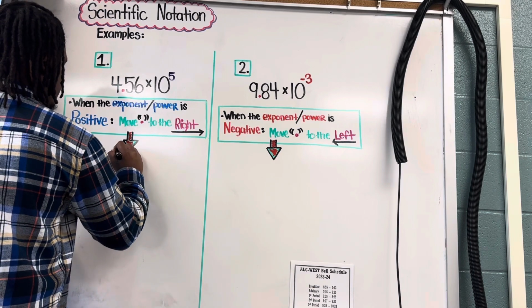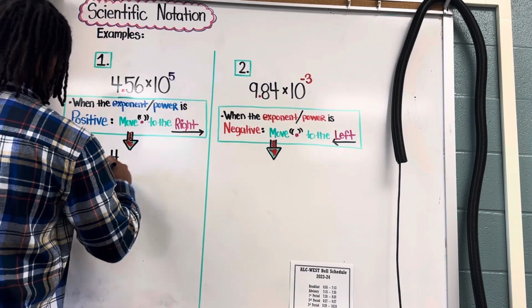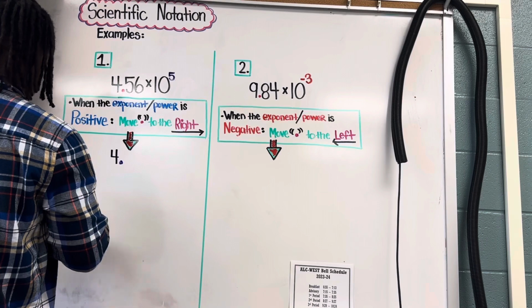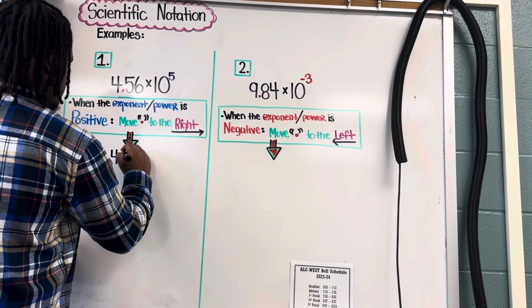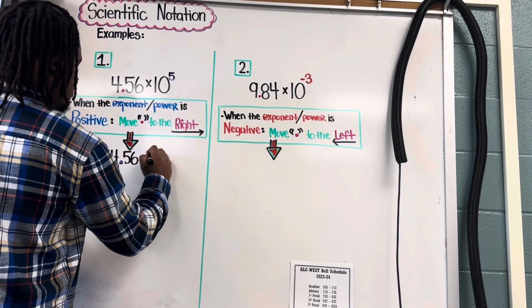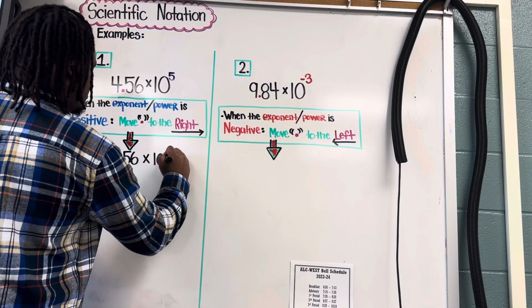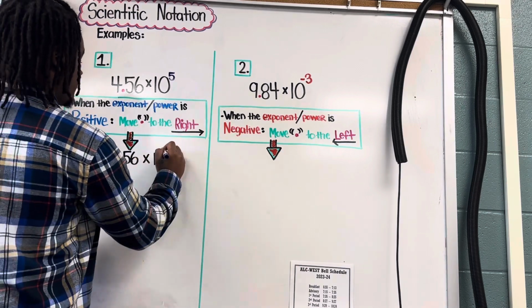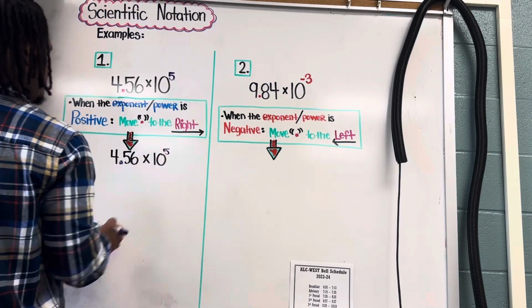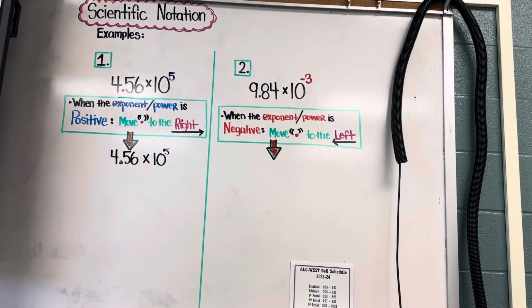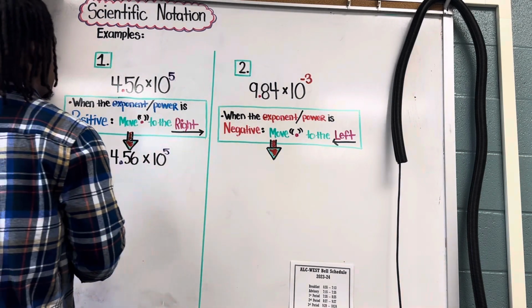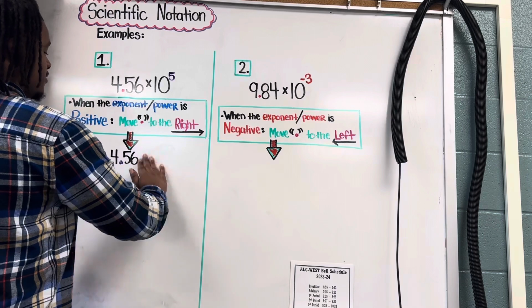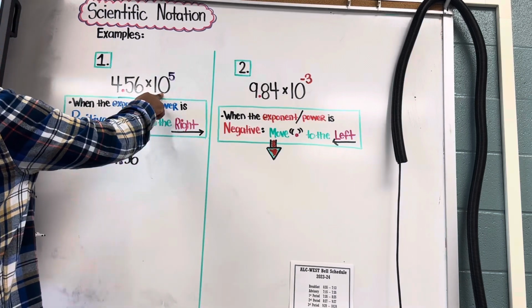I have 4.56 times 10 to the 5th power. All right, times 10 to the 5th power, okay? So once again, times 10 to the 5th power.